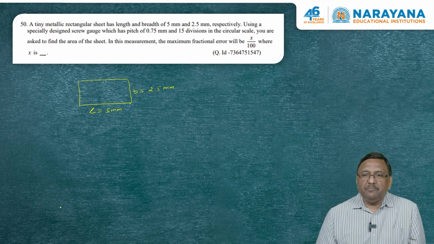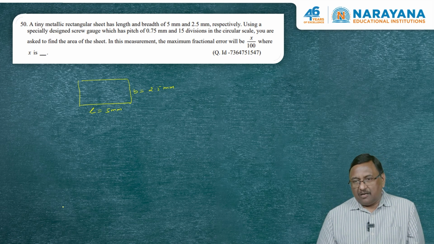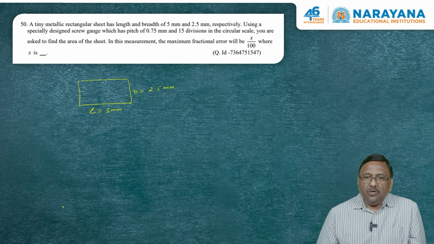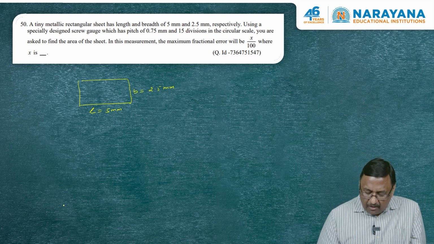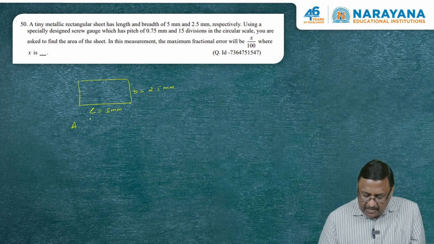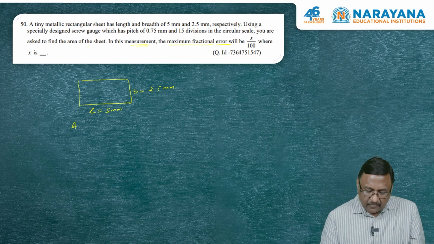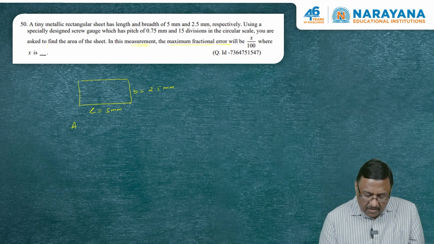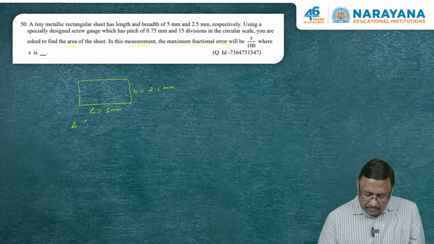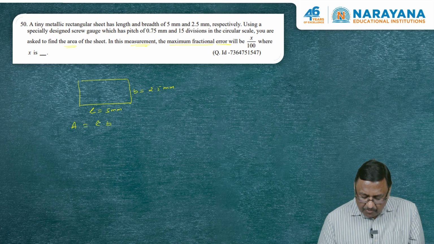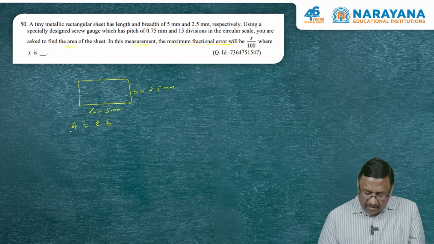In this measurement, the maximum fractional error. So it is an error based question. He's asking what is my fractional error in the measurement of area. Area is nothing but L into B. If I write the fractional error in A, the methodology is that I take the log on either side.